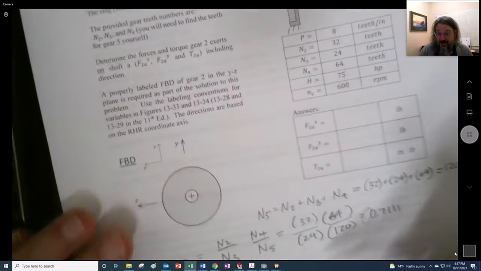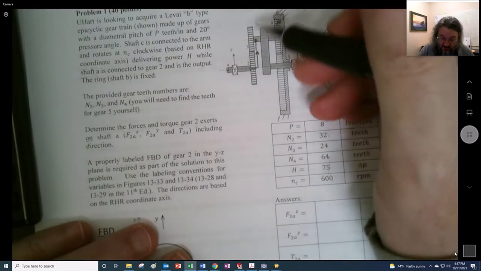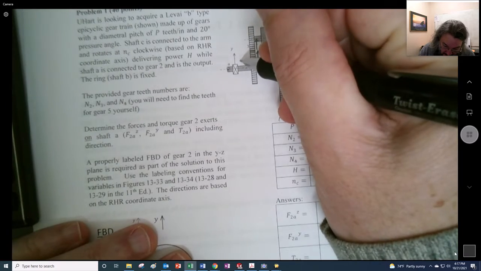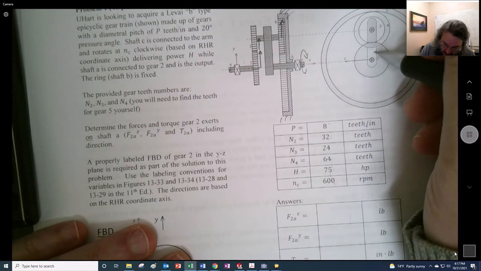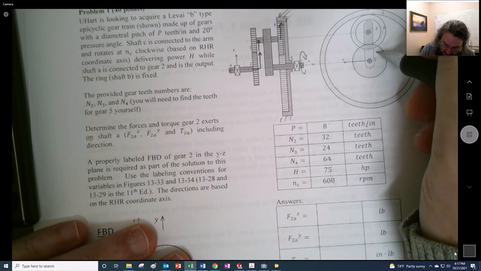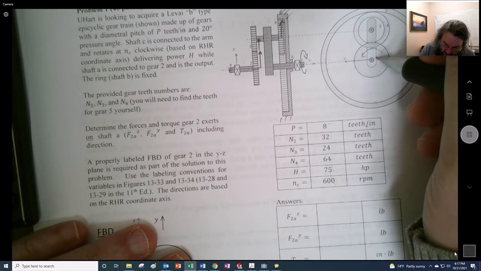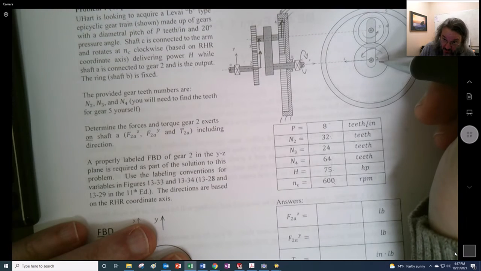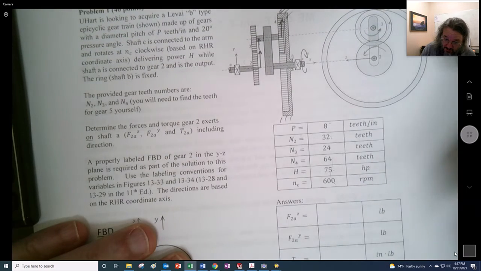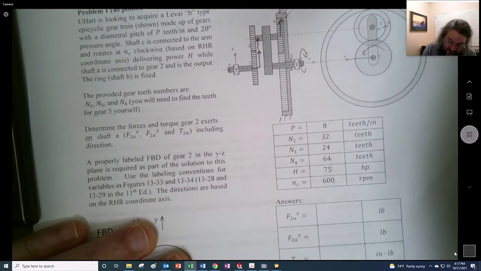That's going to decide positive or negative. Sometimes it's easier to use this side right here. Let's just go counterclockwise. So 2 is going to move counterclockwise, which is going to move 3 clockwise, excuse me. Clockwise, duh.